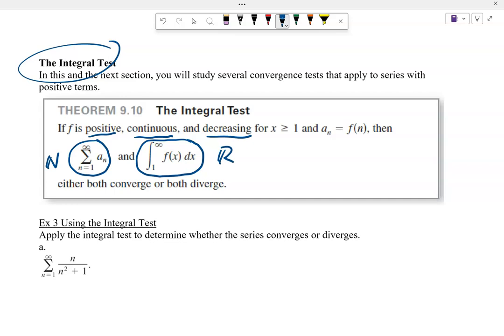This is with real numbers. Well, guess what? As long as it's positive, continuous, and decreasing, they'll either both converge or both diverge. And so you can use the integral to test it.